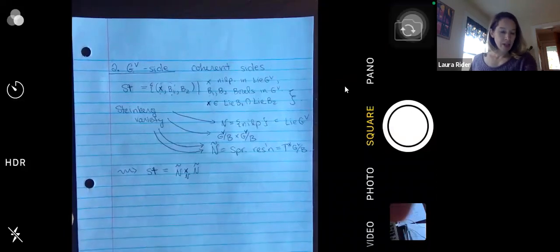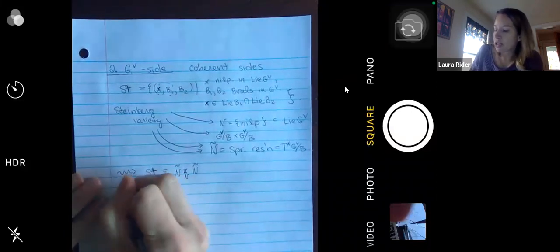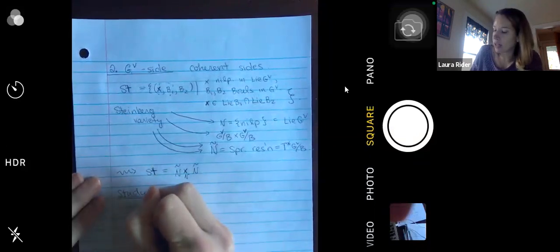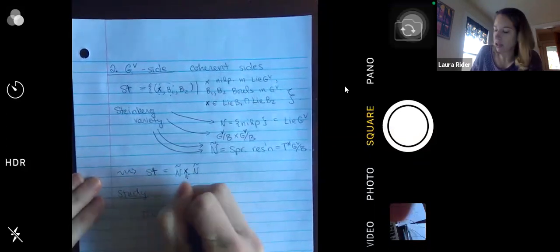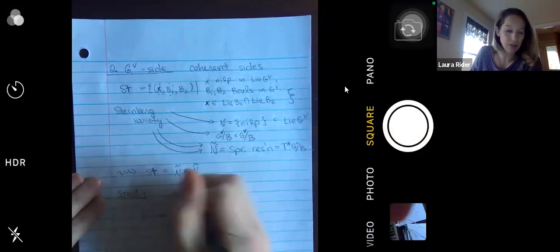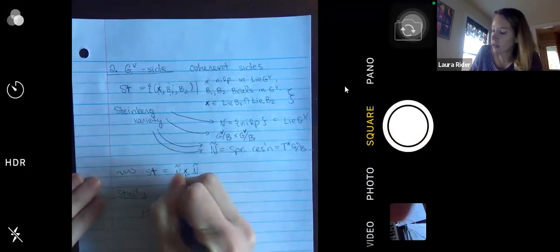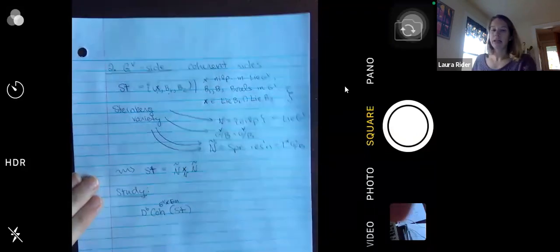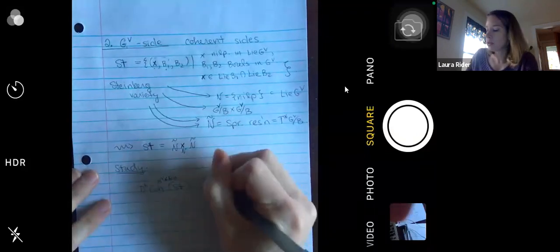All right, so in this situation, we want to study the bounded derived category of coherent sheaves on the Steinberg variety. And we also want these to be equivariant with respect to the corresponding group. And then we want to tack on an action of the multiplicative group.